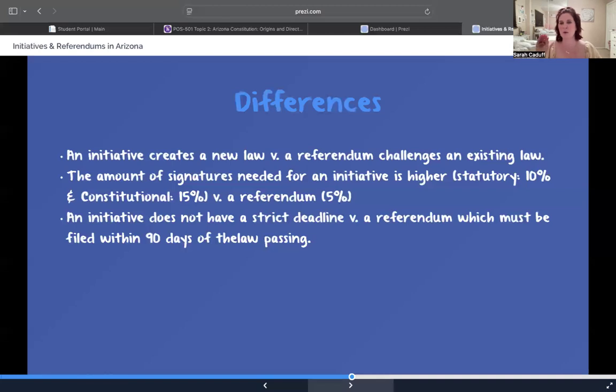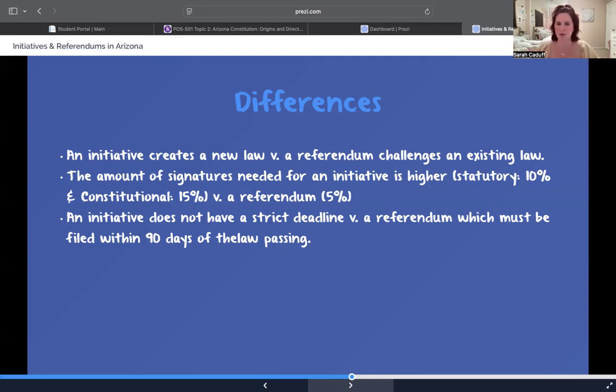Statutory requires 10% of signatures from those that voted in the last governor election. Constitutional is 15% of signatures from those voters in the last election. Looking at referendum, it is only 5% of the amount of signatures needed from those that voted in the last governor election.